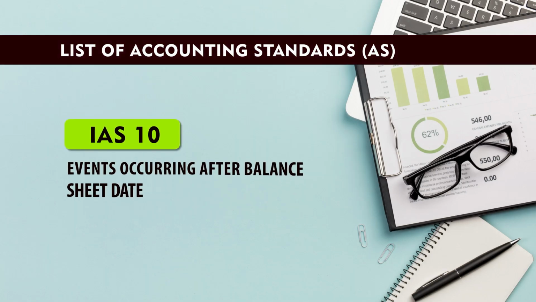Then the next one is IAS 10. It is meant for events occurring after the balance sheet date. So, there may be chances that when the financial statements are prepared or after the preparation of the financial statements, there may be some events which may take place after the balance sheet date.